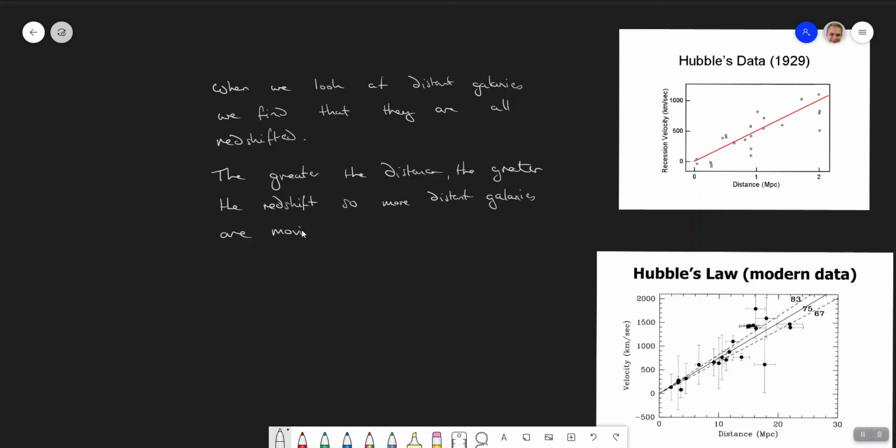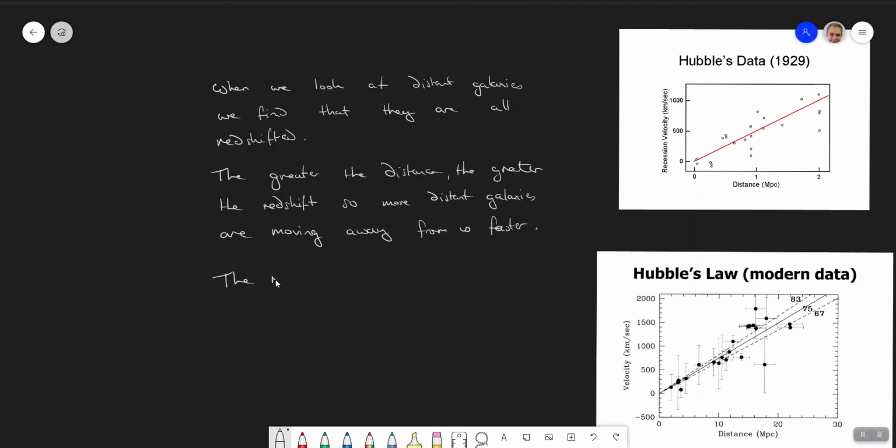So everything is moving away from us. But the further away they are, the faster they're moving, which is how they got to be further away.